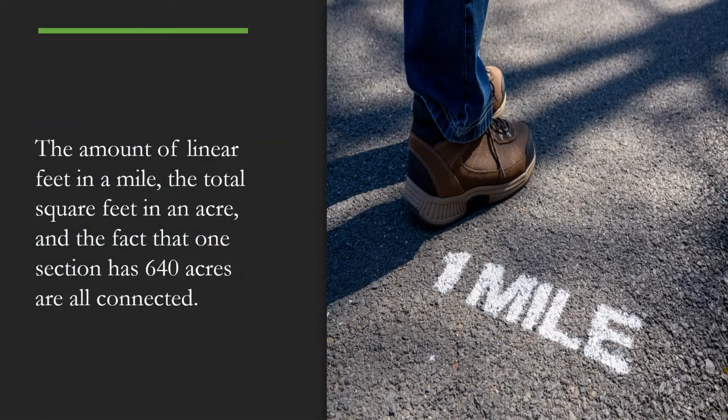The amount of linear feet in a mile, the total square feet in an acre, and the fact that 1 section has 640 acres are all connected.